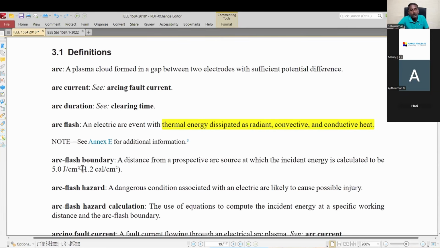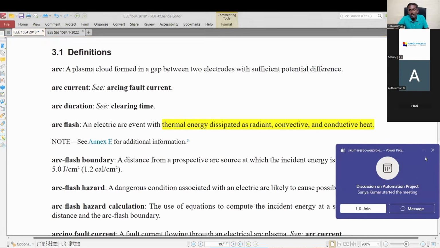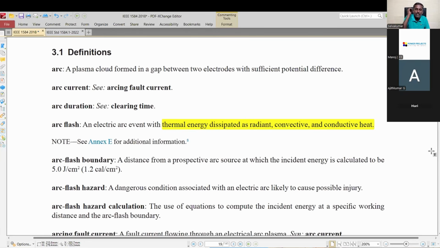What is arc flash boundary? When an arc event has happened, with respect to the distance from where the arc has happened, the arc impact will keep coming down.